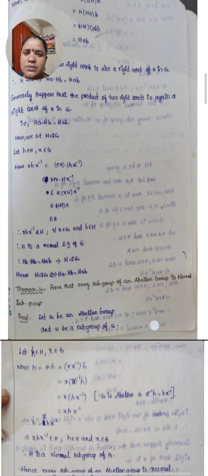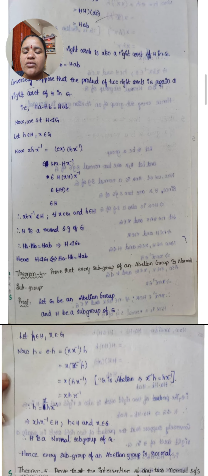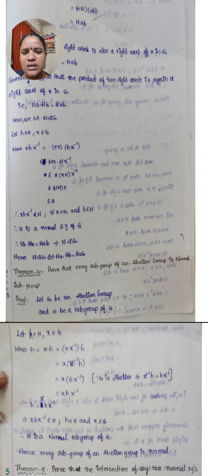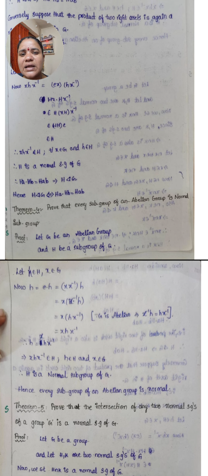Conversely, suppose that the product of two right cosets is again a right coset of H in G, that is, Ha dot Hb is equal to Hab. Now we have to show that H is a normal subgroup of G. Let x belong to G and h belong to H. xhx inverse is equal to exhx inverse, since xe is equal to ex by the identity law.